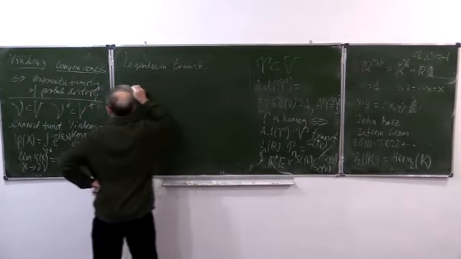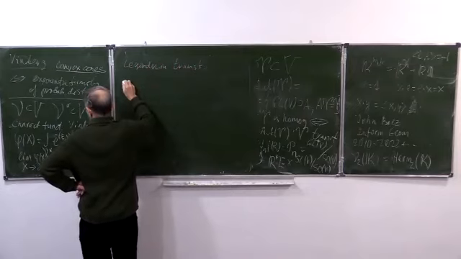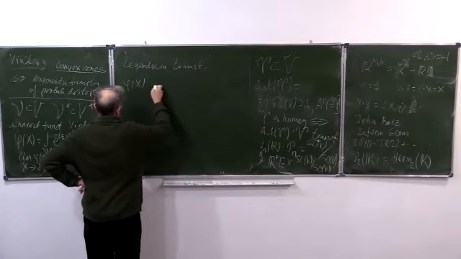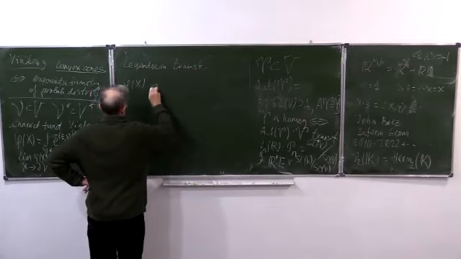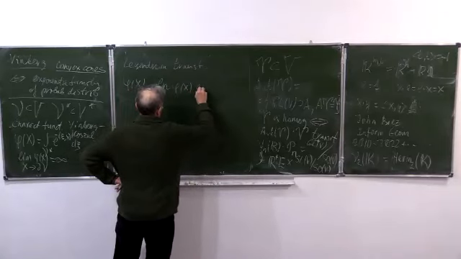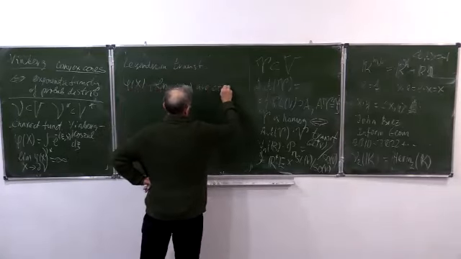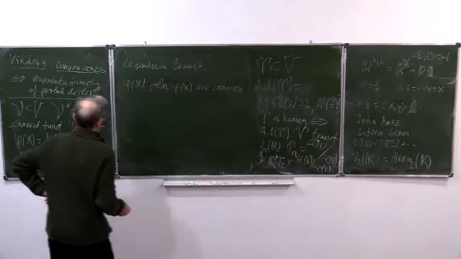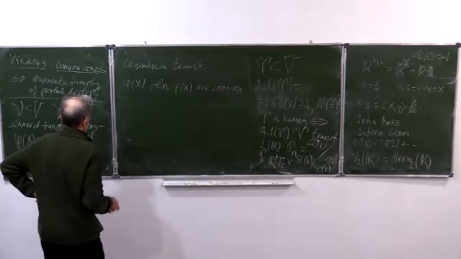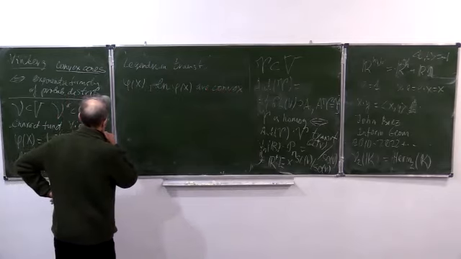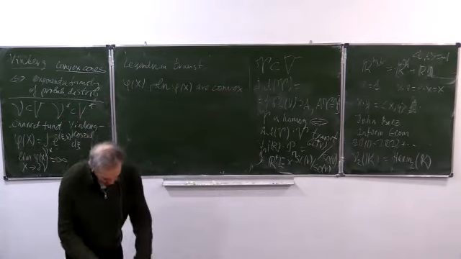So first of all, we can say that a property of this phi of x, as a function of x, is that it is convex, and also the logarithm of phi of x is a convex function. And what do we need more? Just a moment.